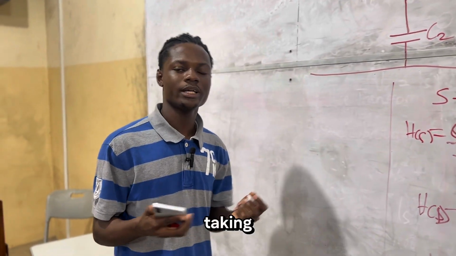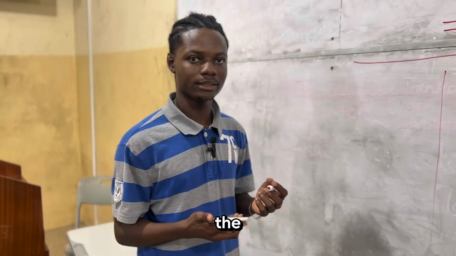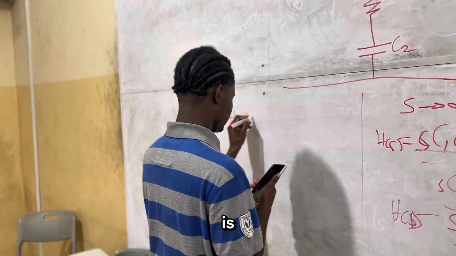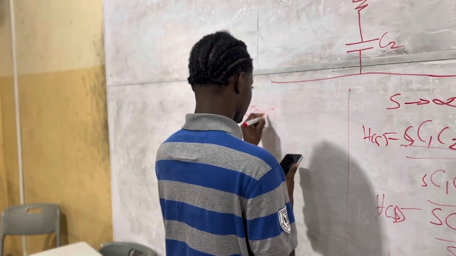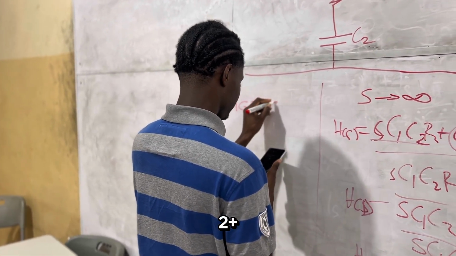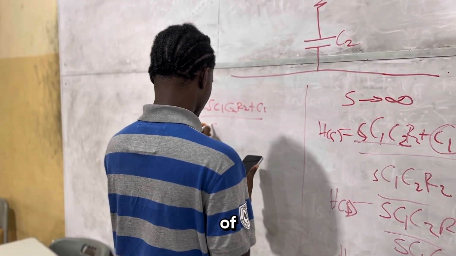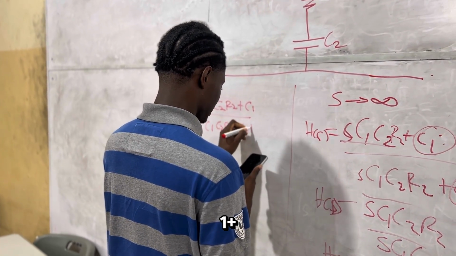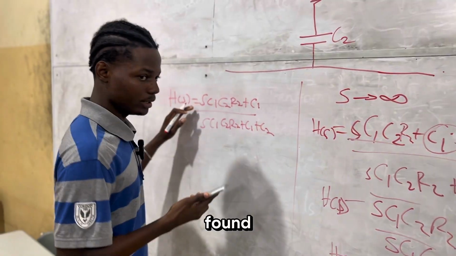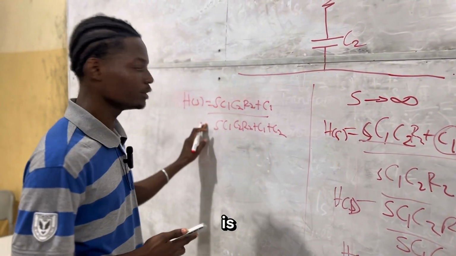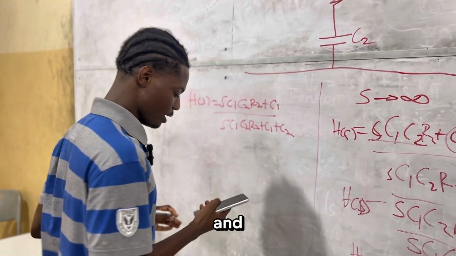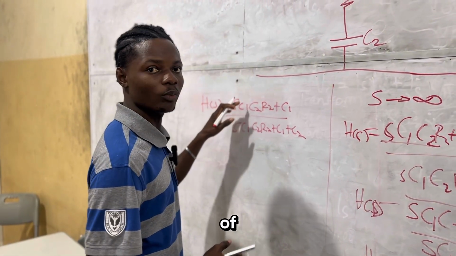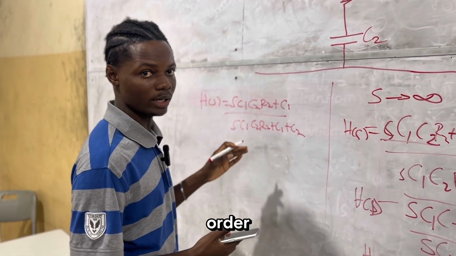I'm Samuel and I'll be taking us through the time constant, poles, and zeros. Our answer, H of S, is equal to SC1 C2 R2 plus C1 over SC1 C2 R2 plus C1 plus C2. The zero is found in the numerator and the pole is found in the denominator. Because S has a power of 1, it is of first order.